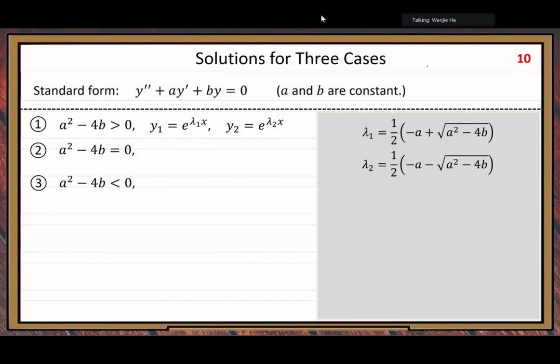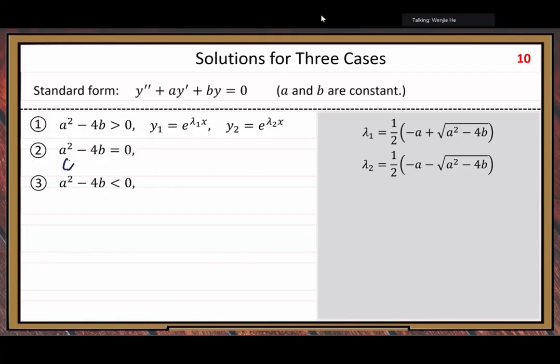Then the second case. Also easy, but you need to do things slightly differently. Because in this case, your characteristic equation only has one double real root.